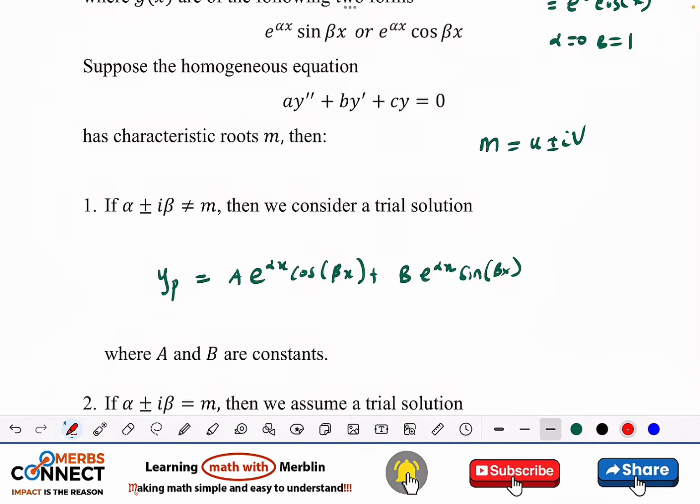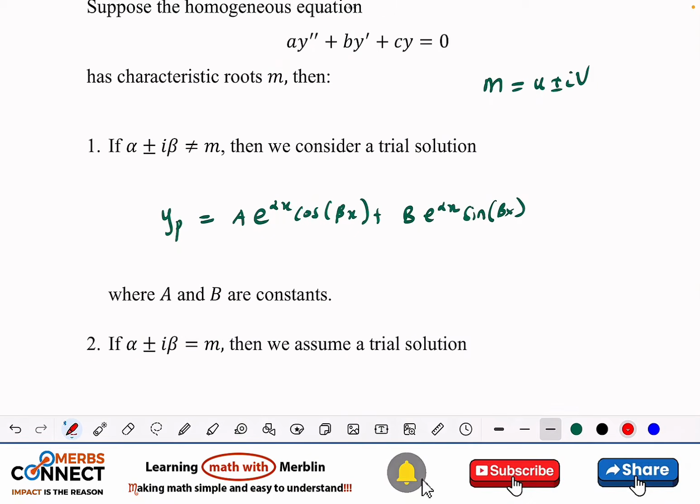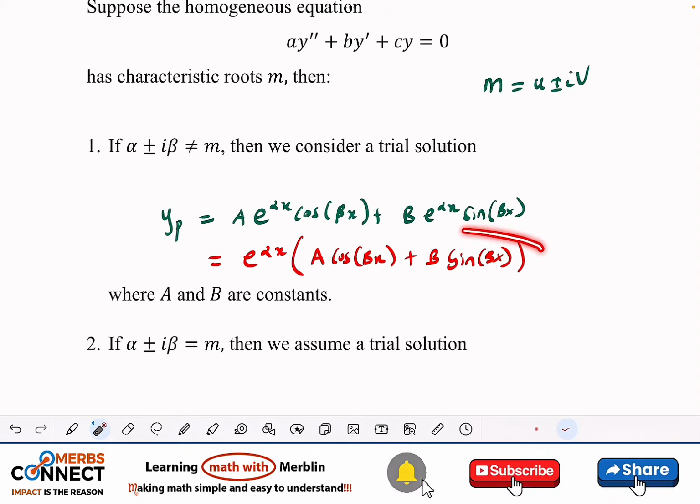Now who can tell me this? You see that if I factor e to the power alpha x out, I will be left with a cos of beta x plus b sine of beta x. And you will see that this particular trial solution was the one we were talking about when we were dealing with complex roots.